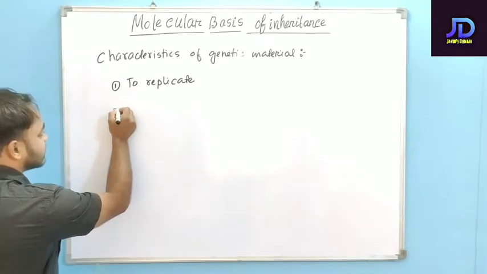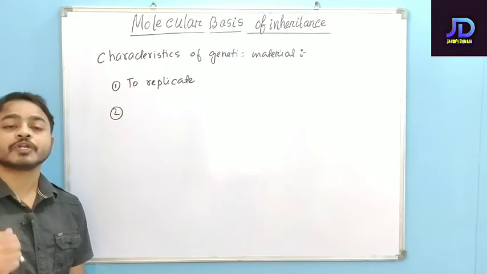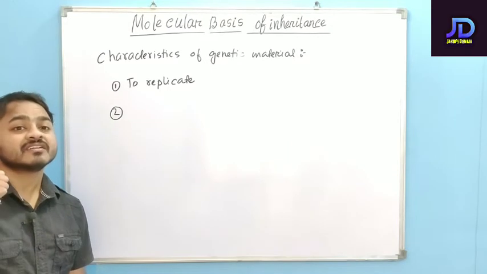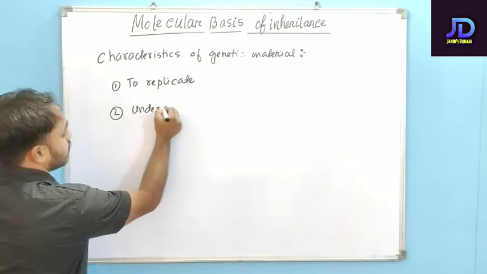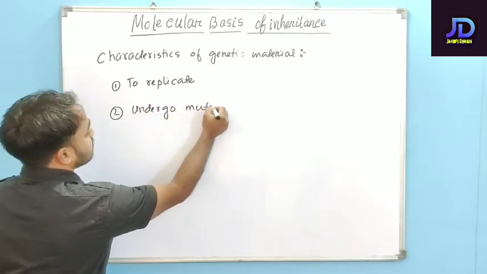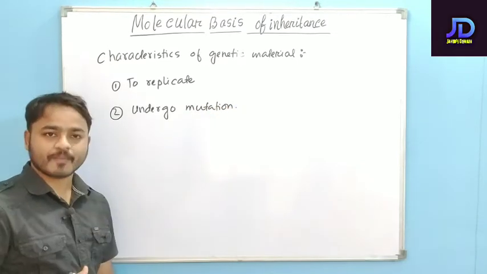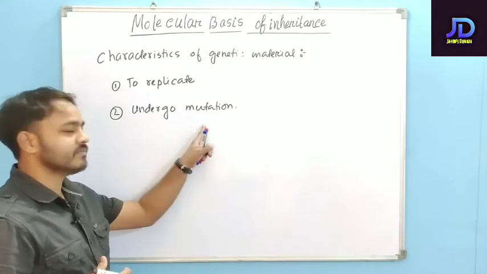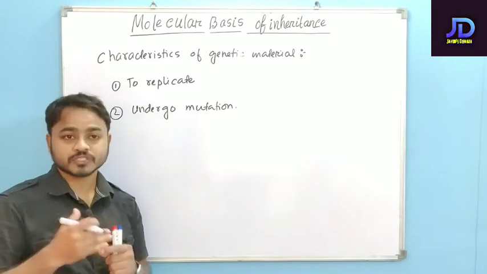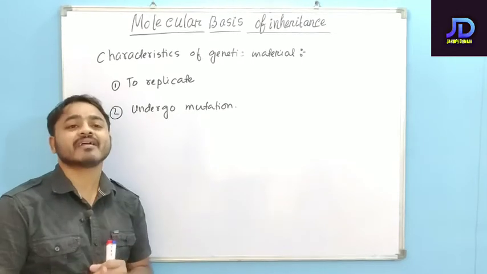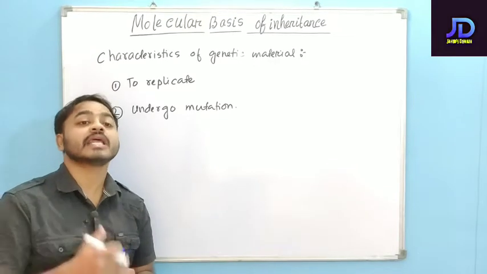The second characteristic of genetic material is that the genetic material must be able to undergo mutations. Mutation, you have already learned, means the change in the physical or chemical properties of the genetic material. Now you know most of the mutations are harmful. But there are some positive mutations also, and these mutations must be inheritable.